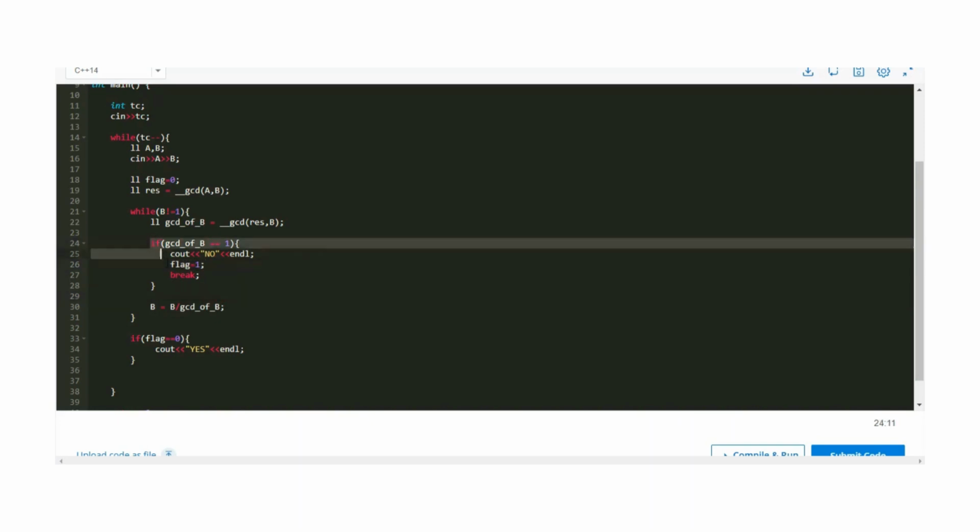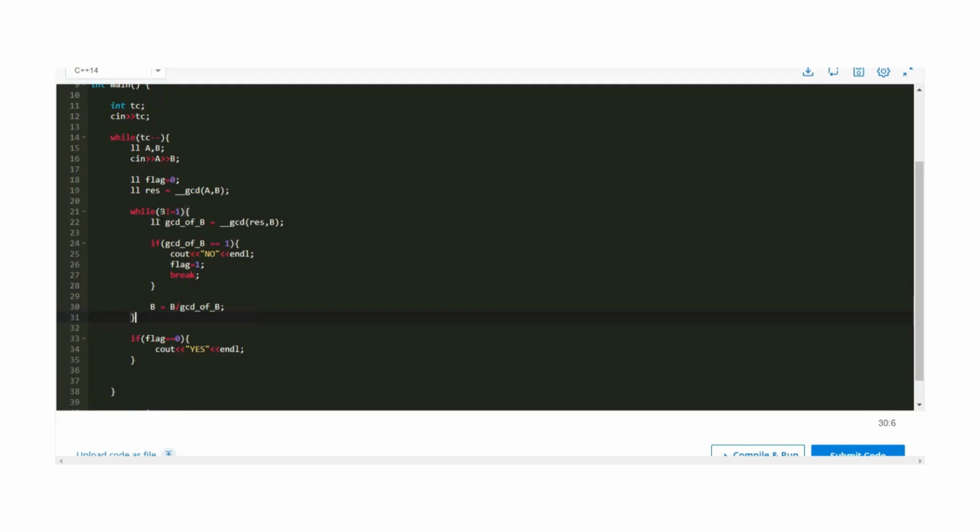If this condition does not happen, we need to divide our b number by the GCD of b, because as we have discussed, we need to remove those common factors since they are already dividing a, so we do not need to consider them again and again. This is the condition.